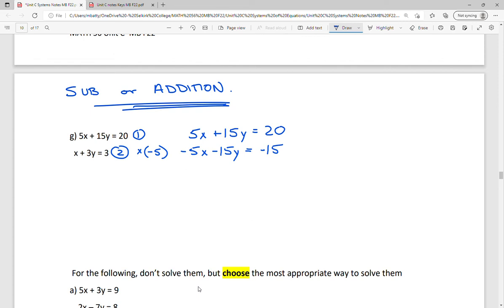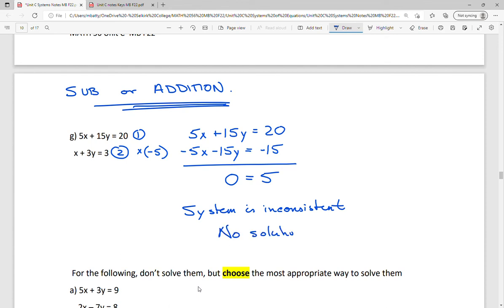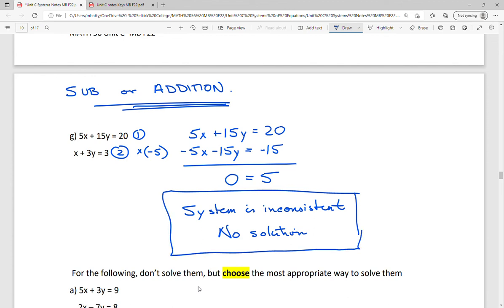So now when I add these together, oh man, more eliminates itself. I get 0 equaling 5. That tells me this system is inconsistent. Tells me there's no solution for this system. Tells me these lines would never intersect. Tells me that they have actually the same slope and they run parallel.